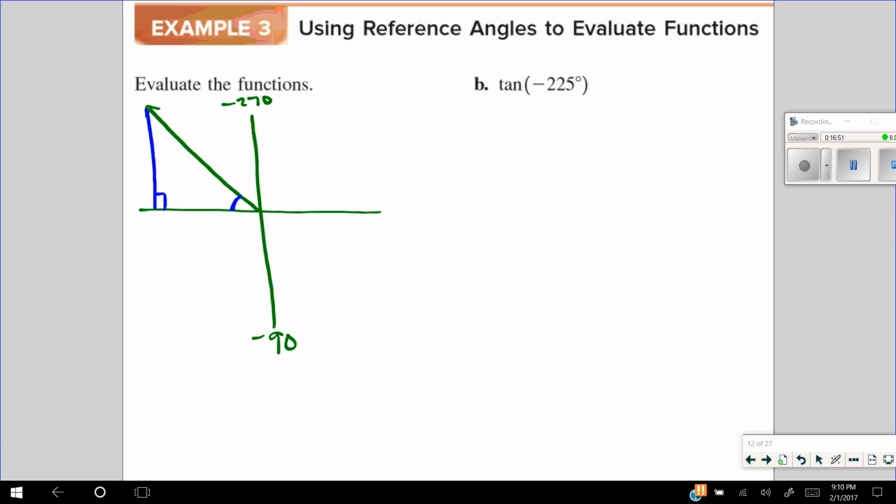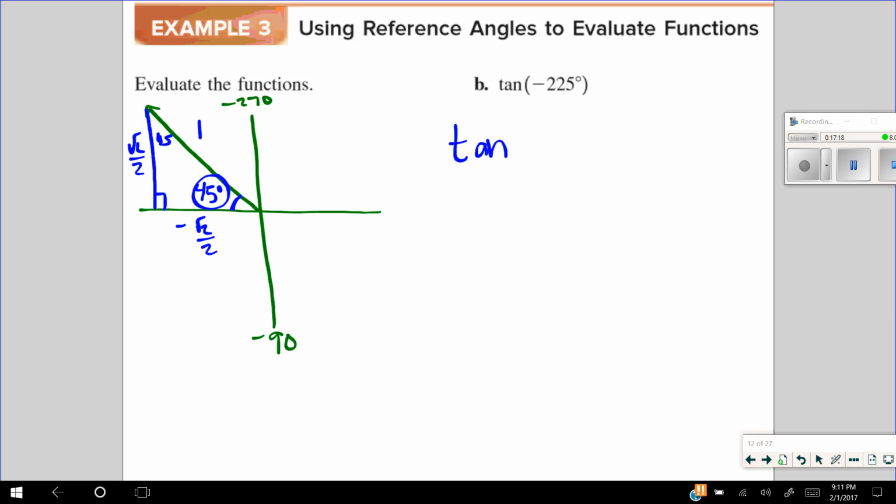is 45 degrees. Okay? So I'm going to label my side lengths. Across from 45 is square root of 2 over 2. Again, that would make this other angle 45 also, so square root of 2 over 2. Hypotenuse is always 1. Apply my negatives. I moved left, so negative. I moved up, so that one will stay positive. And now I'd take the tangent.